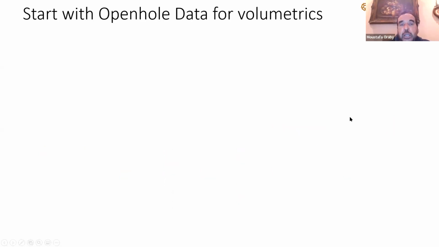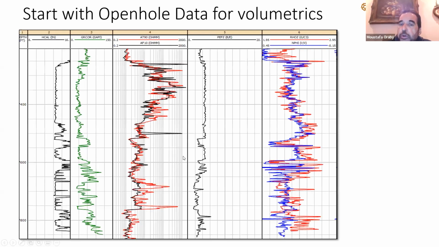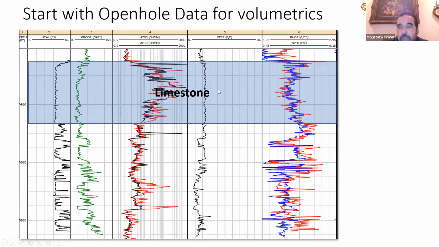Okay? So here's an example where you can see the open hole data. I have neutron and density, and I have the PE. PE here is shown at 5, indicating that the upper zone is limestone, showing less than 5 in the lower section. So this is the limestone section.